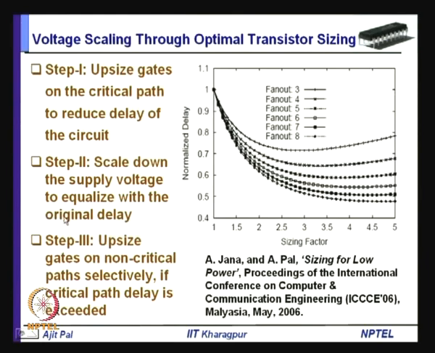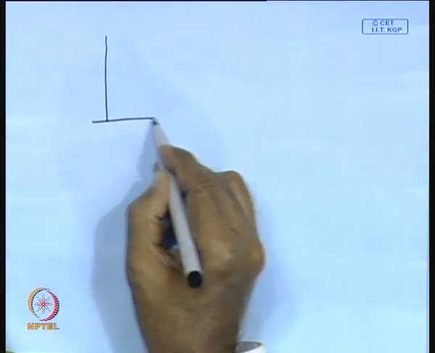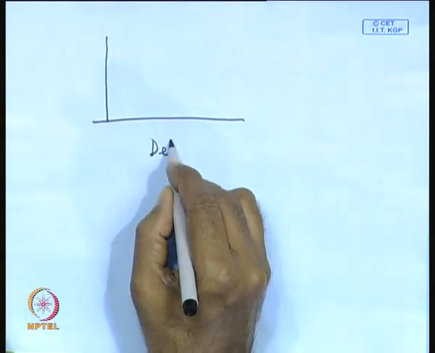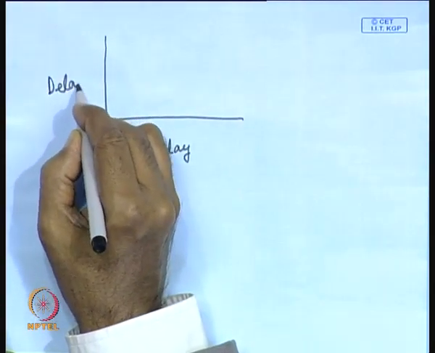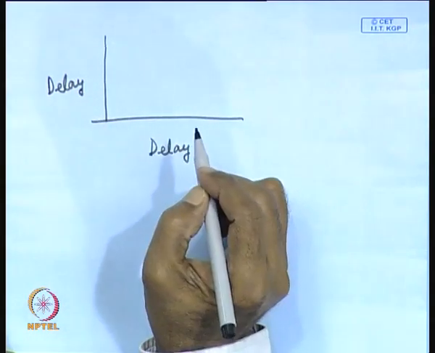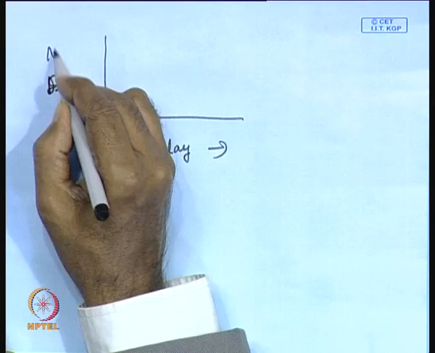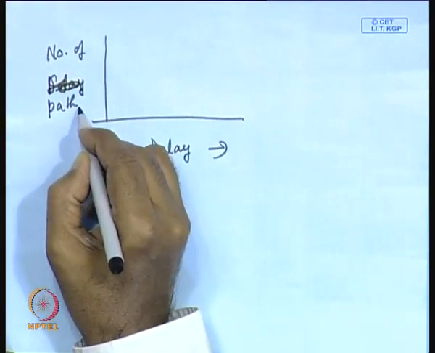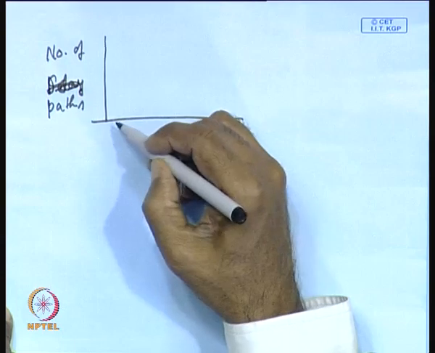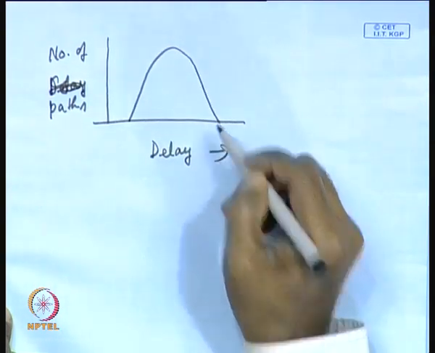So, what essentially we are doing: normally in a complex circuit, if we plot the delay distribution, this is the delay distribution. Delay is on this line, and here is the number of paths in the circuit. You will find that it will have a plot like this, kind of Gaussian distribution.